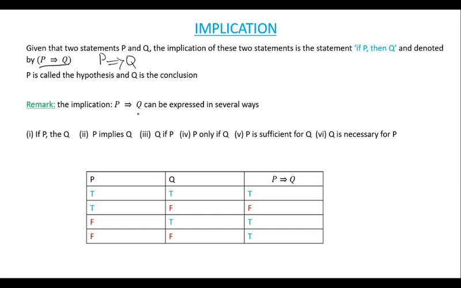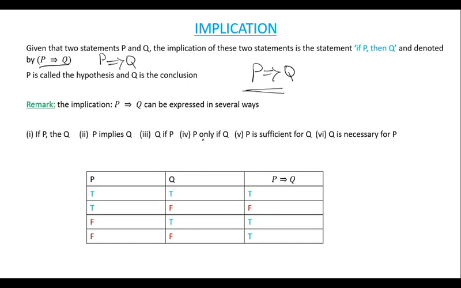Now, let's have a look at something. This statement P implies Q can be said in many ways. We can say if P, then Q. We can also say Q if P. It still means implication.